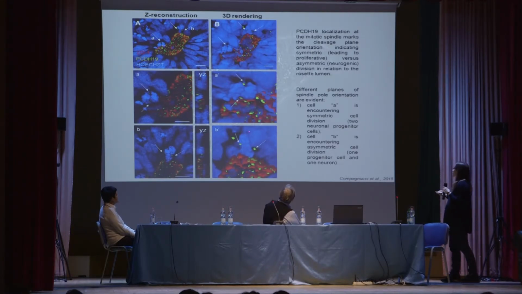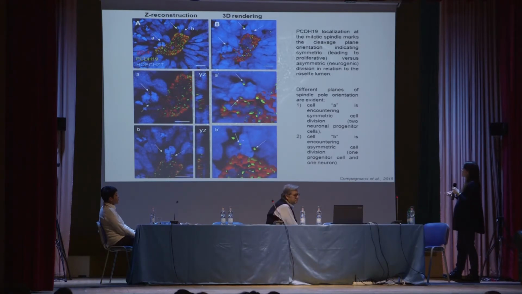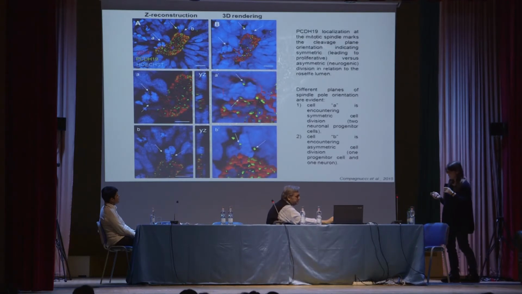So probably this cell will stay a proliferating progenitor, whilst this one will be a progenitor, and only when differentiating will it migrate outwards. The important thing is that PCDH19, once again, has been localized in such a way as to orient the division plane of the cell. In one case it's perpendicular to the lumen, and in the other case it's running parallel to the lumen.